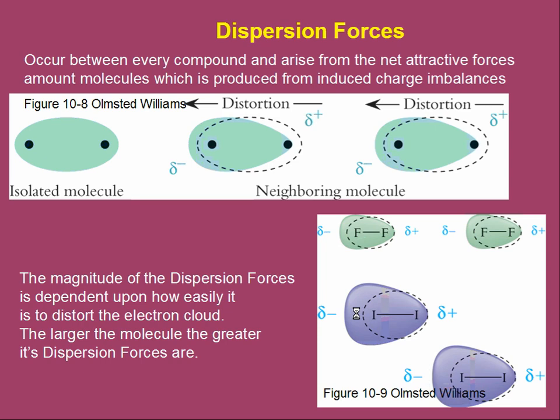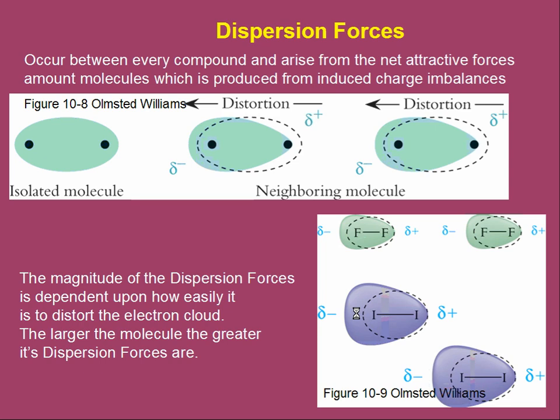Okay, what do you think would have more London? Something that has fewer electrons or more electrons? And the answer is actually if it has more electrons. The more electrons, the more likely it is to get distorted. And the more likely it is to get distorted, because you think of those electrons running around, then it's going to have more London. So the one with the greater mass is going to have more London, because the greater the mass, the more protons, and if it has more protons, it also has more electrons involved.